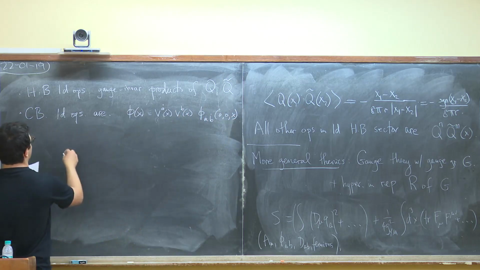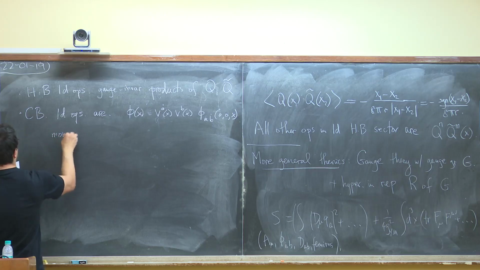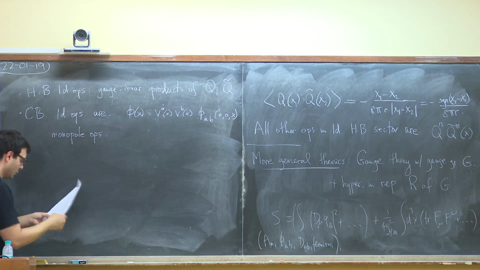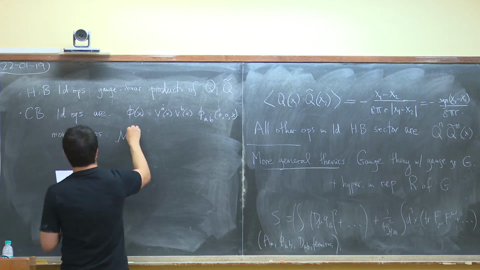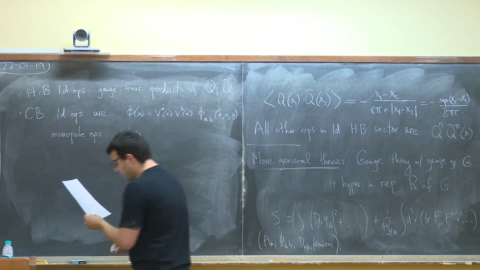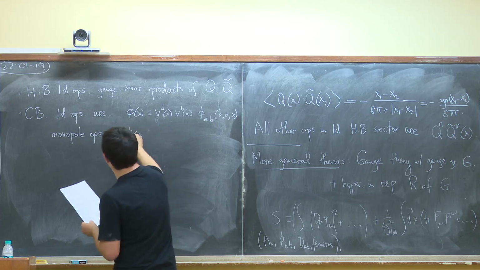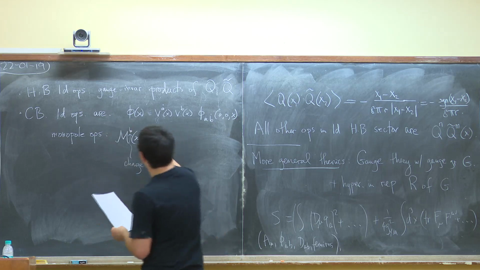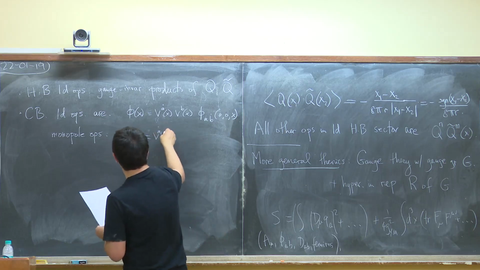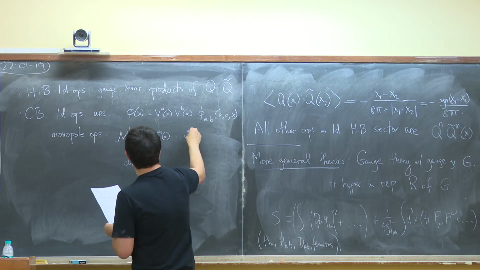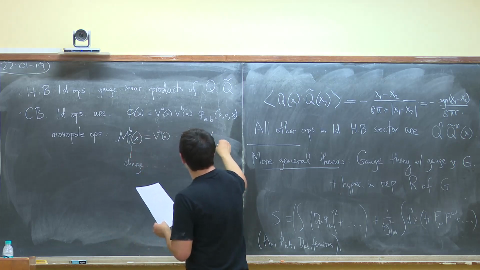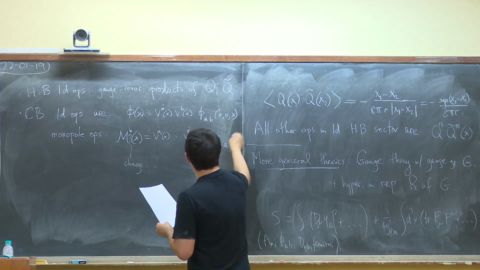And the other operators are monopole operators. So we can construct the topological operator. B would be the monopole charge. And this would be VA1 of x, VA2JC of x, the monopole operator A2JC of 0, 0x.